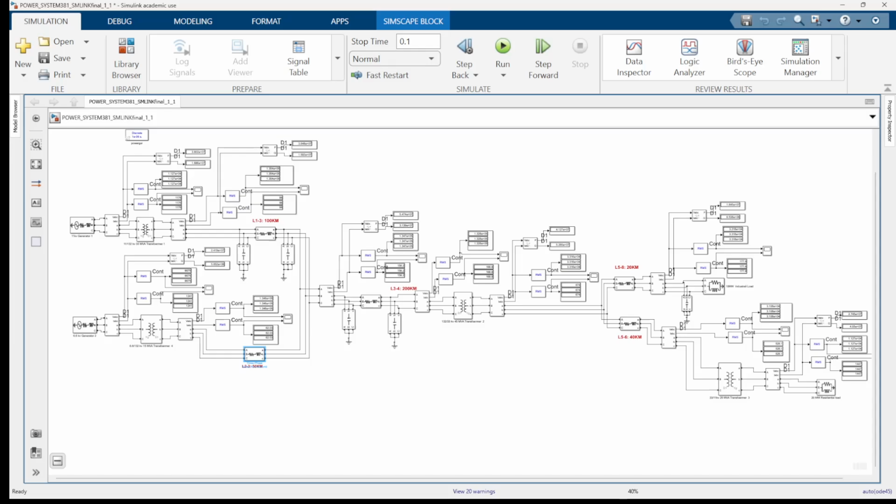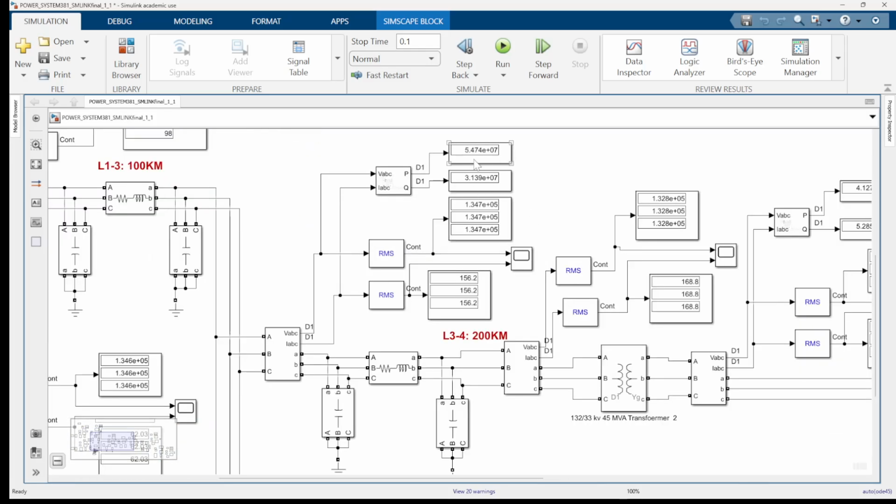Each line is modeled using the resistance, inductance and capacitance parameters derived from the manufacturer data for ACSR conductors. This allows the simulation to capture voltage drop. You can also find the reactance, reactive power and active power flowing through it.